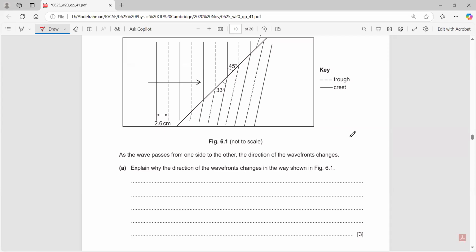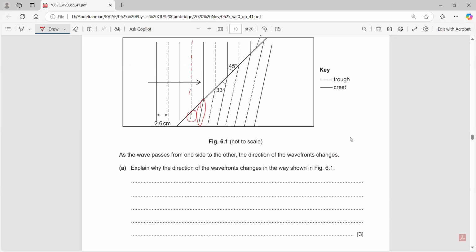For example, let's look at this compression. This part has reached the boundary before the remaining part of the wave. So only this part will start to slow down first. That's the thing you need to think about.